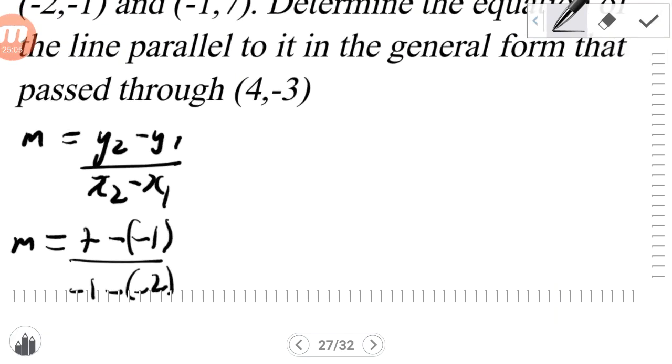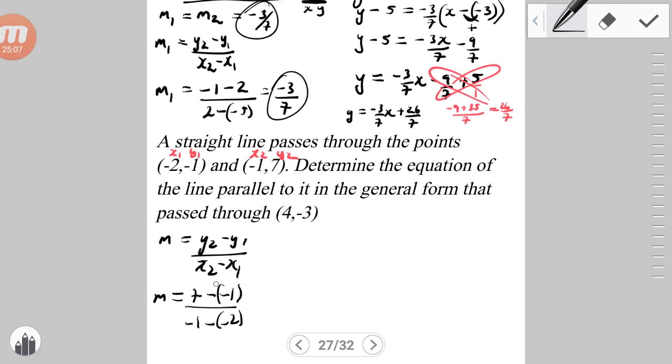So now we end up here with negative times negative is positive, so that's 8, and negative times negative here is positive, so that's -1 plus 2. -1 plus 2 is 1. So we end up with a really nice gradient here of 8. All right, 8 is our really nice gradient here.